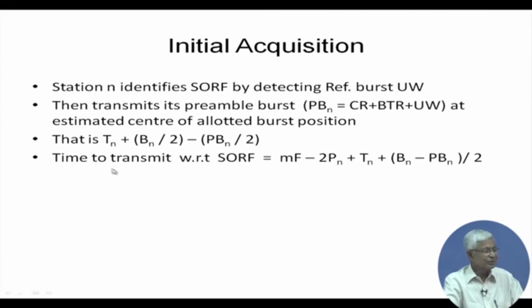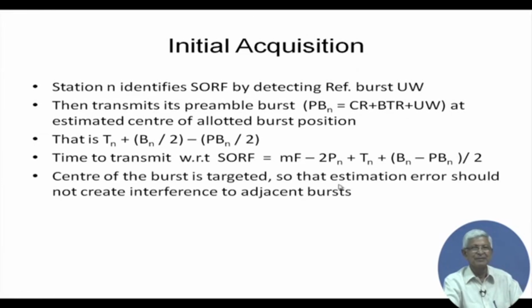Then you get the start of the preamble, but the whole preamble will sit at the center of the burst. So the transmit time with respect to SORF will be Mf minus 2 Pn, that is your d, plus Tn, plus you move to the center: Bn minus PBn by 2. That is how it is to be calculated and transmitted.